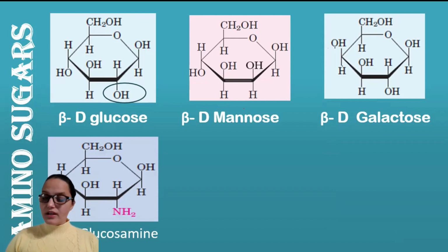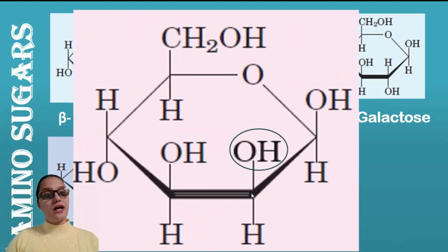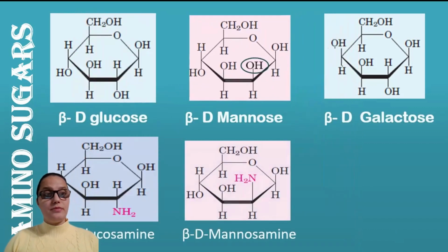Then the same thing will happen when this OH, which is again present on carbon number 2 of mannose, gets replaced by an amine group, that is NH2, then a beta-D monosaccharide is formed.